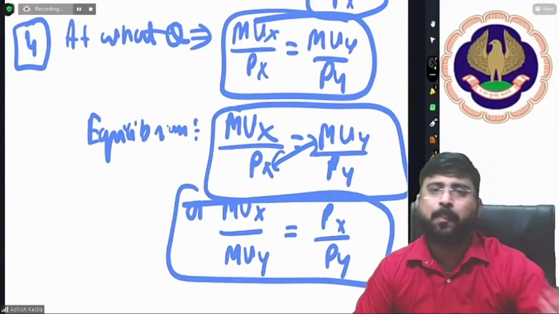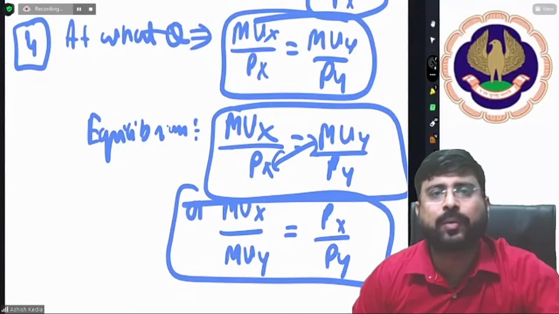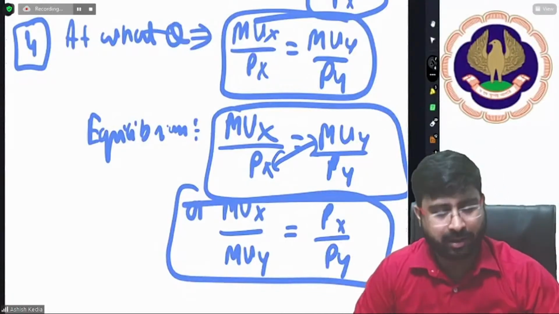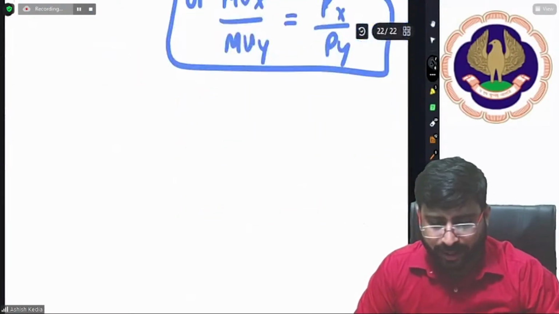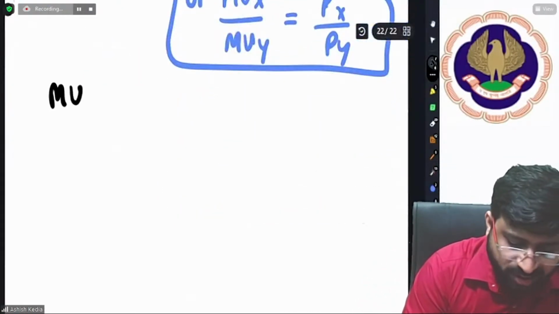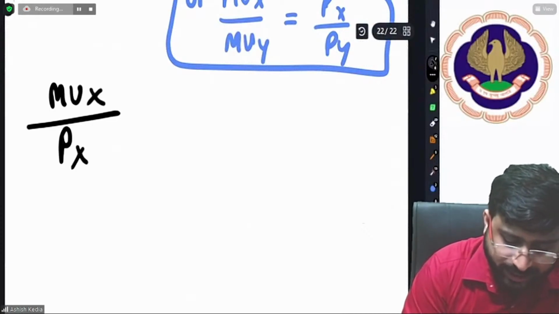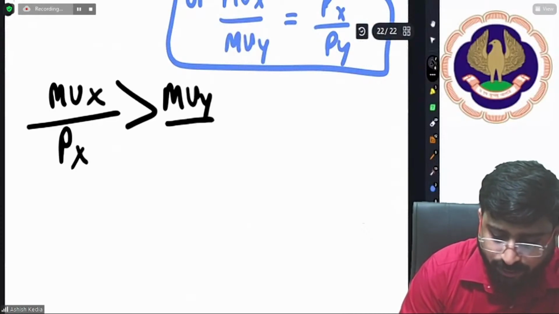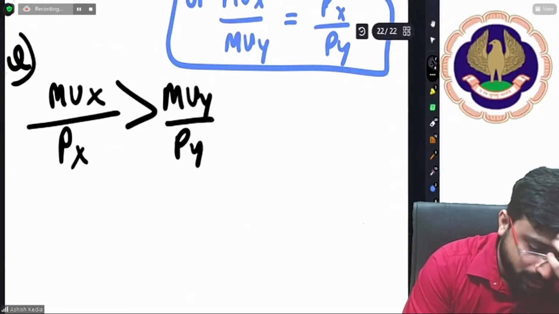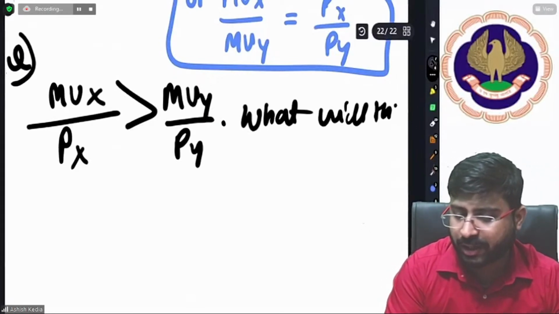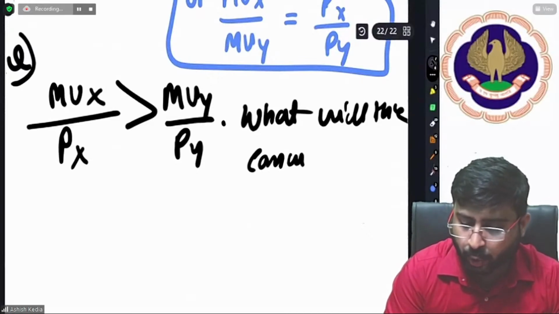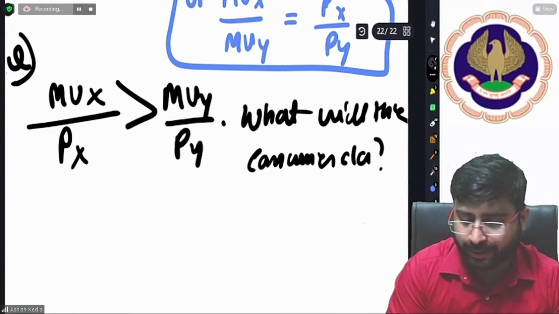Now moving on. Pay attention, everybody. My question is, if you see MUX by PX is greater than MUY by PY, what will a consumer do? I am giving you options, don't worry.